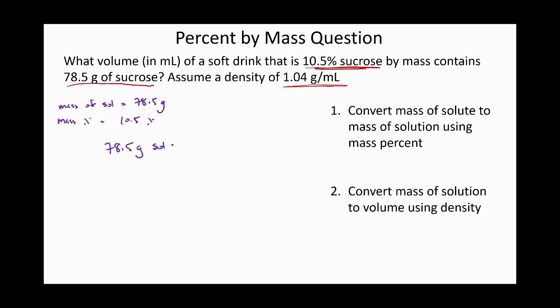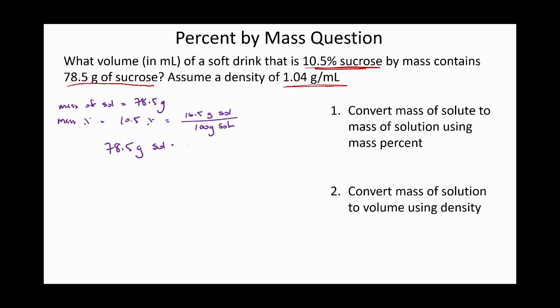An equivalent way to say the mass percent is 10.5 grams of solute per 100 grams of solution. Now we already have grams of solute in the numerator, so we'll multiply by the inverse of mass percent, or another way to say that is we'll divide by the mass percent.